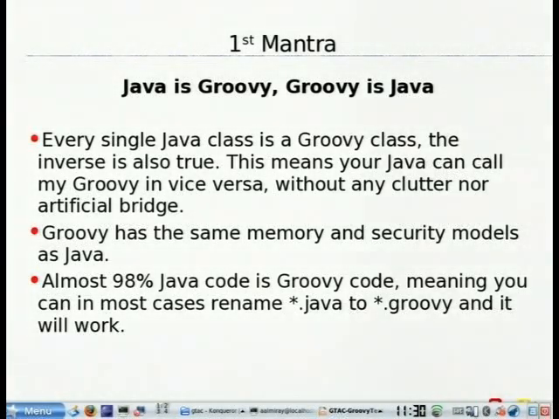You can call Java from Groovy and call Groovy from Java. And you don't have to use any sort of special bridge, let's say the Java scripting engine that came from the Java 6 release. You don't need it because Java and Groovy integrate seamlessly, just like that.